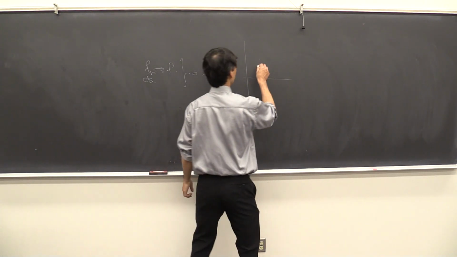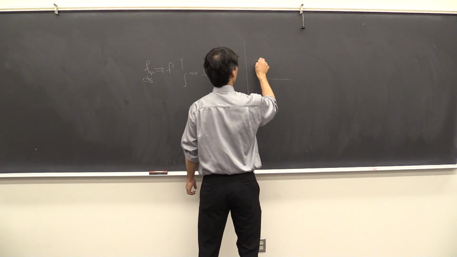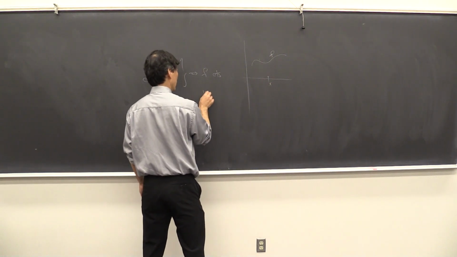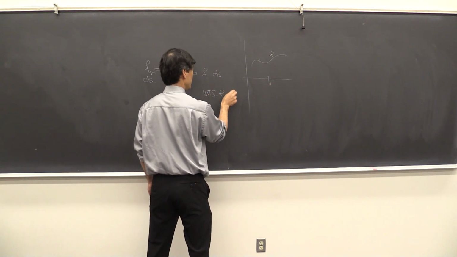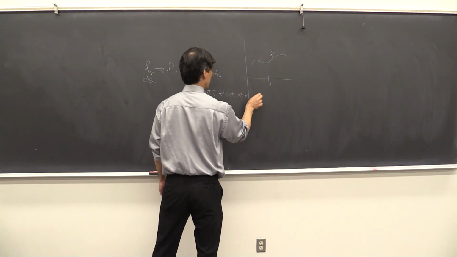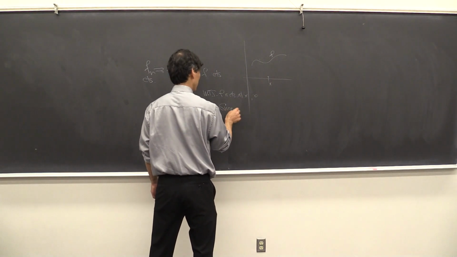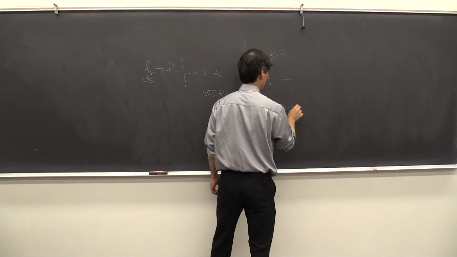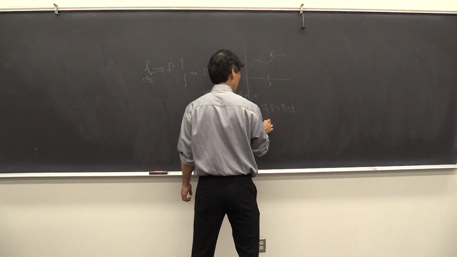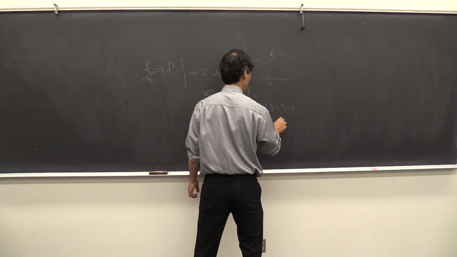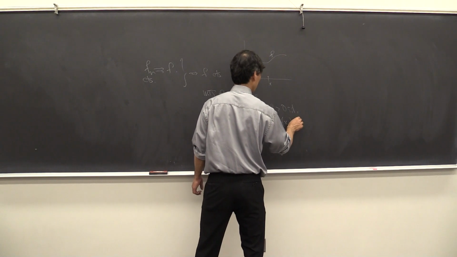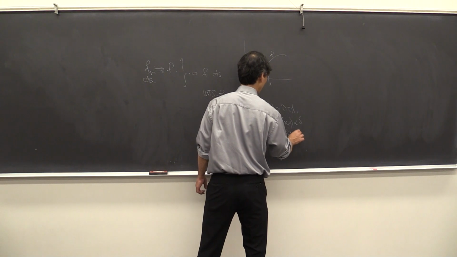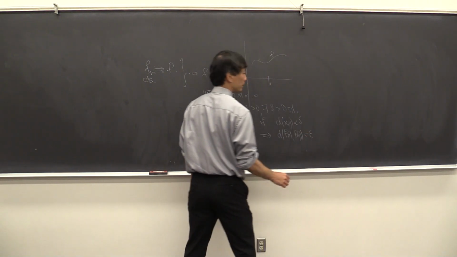Here's f, here's some point x. We want to show that f is continuous at x, i.e., given any epsilon, there exists a delta such that if the distance between x and y is smaller than delta, then the distance between f of x and f of y should be smaller than epsilon.